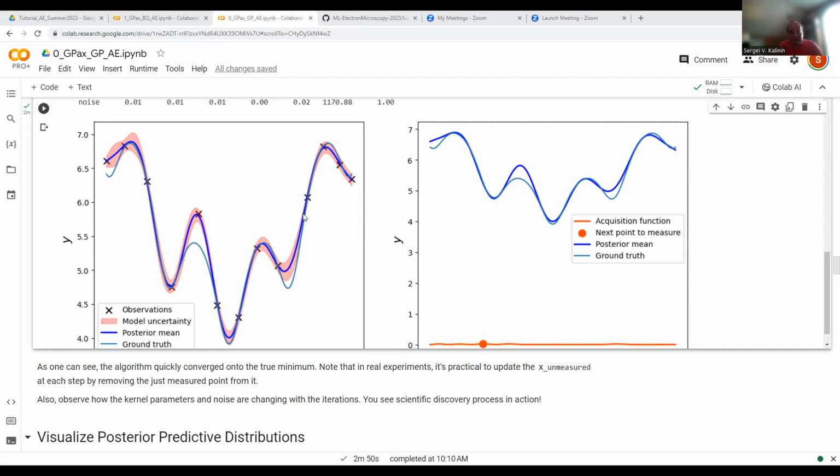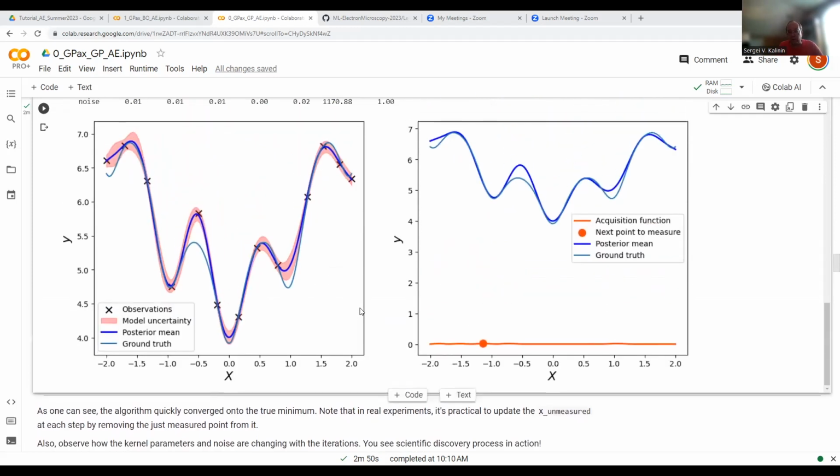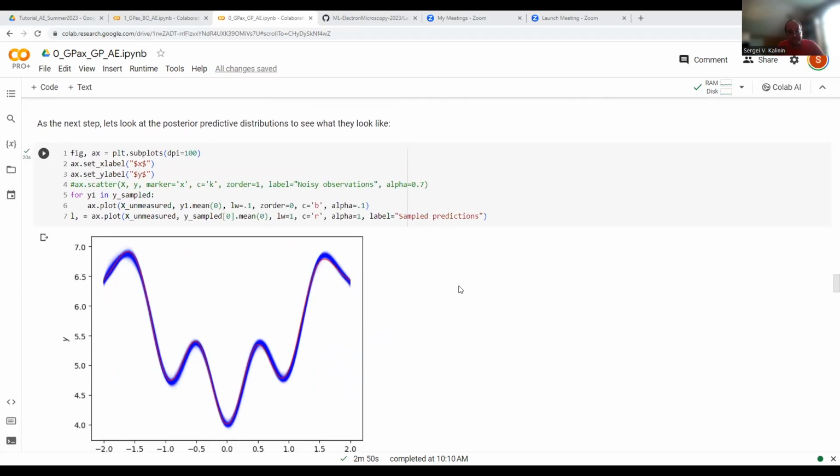So that's basically it. We can do better by adding the random measurements. So I will talk about the strategy for adding a little bit of exploration to the process, but generally there is no universal answer.